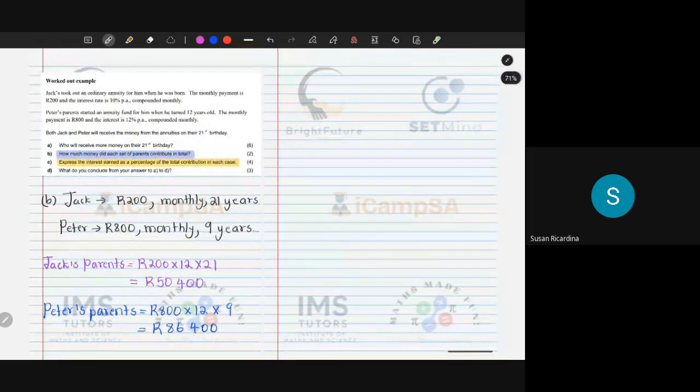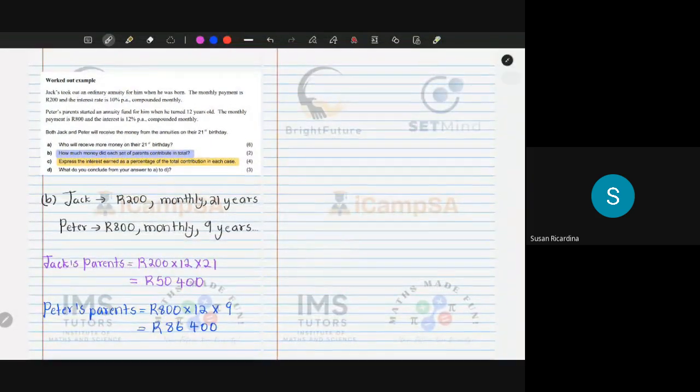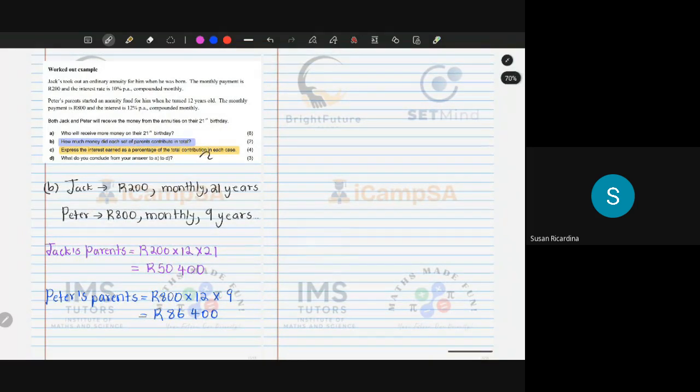They say express the interest earned as a percentage of the total contribution. So compared to what we contributed, how much did we get as a percentage more? So it means we need to start looking at the interest gained. So interest earned, remember, it's more like profit.